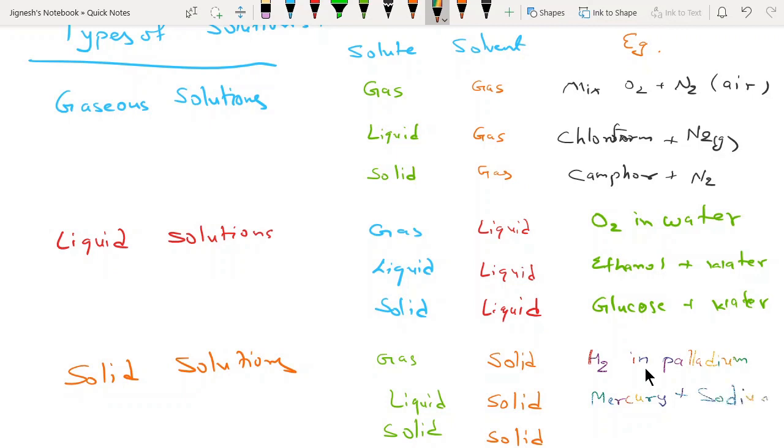Mercury plus sodium, and whenever you have mercury in an alloy, it is considered an amalgam. And my dear students, the last one is what?